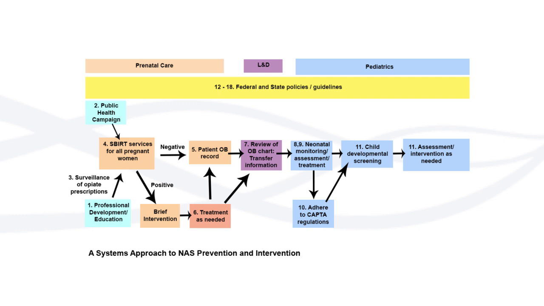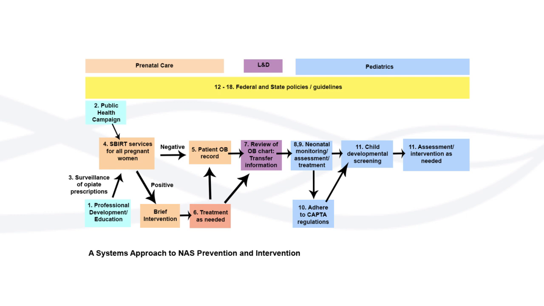During the prenatal period, as we mentioned before, there must be universal screening services for all pregnant women. Every program should use a validated screening instrument, provide an evidence-based brief intervention, and be ready to refer women to an appropriate level of treatment.